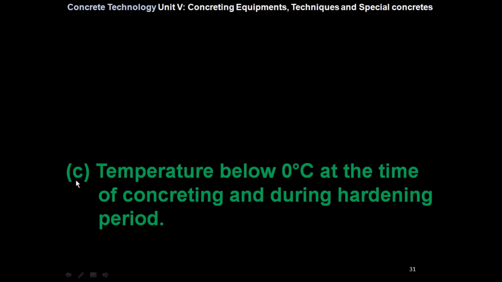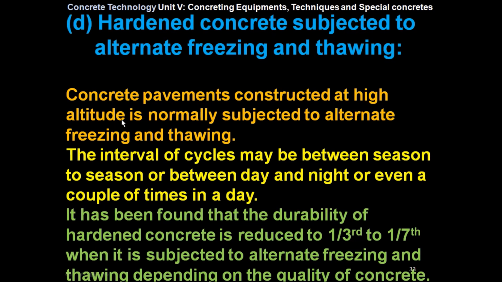So we have seen the third, the temperature below 0 degrees Celsius at the time of concreting and during the hardening period. Now fourth, we will see hardening concrete subjected to alternate freezing and thawing. Concrete pavements constructed at high altitude are normally subjected to alternate freezing and thawing.